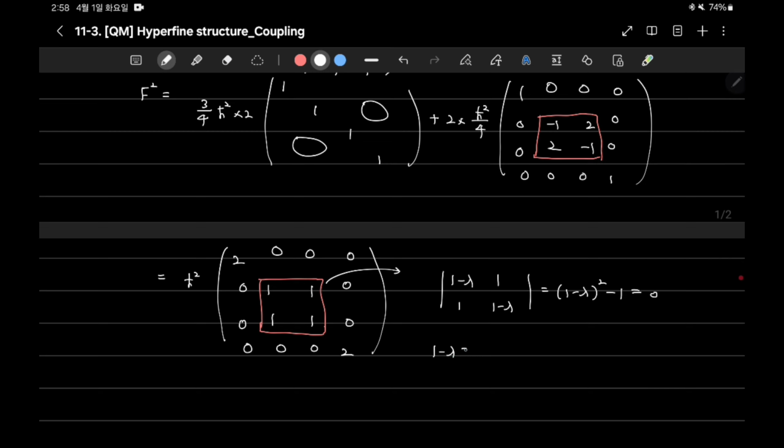Then 1 minus lambda equals plus or minus 1, so lambda equals 0 or 2. And we also know that F square acting on F MF gives F times F plus 1 h bar square, F MF.